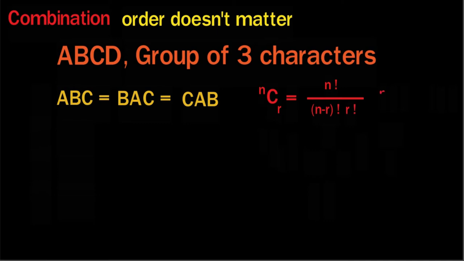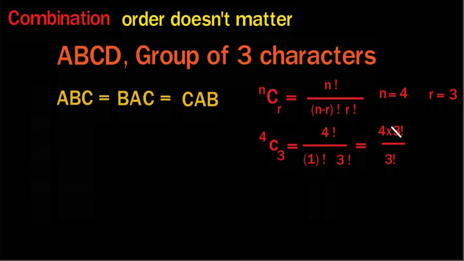In this case, let's say we want to choose 3 characters from the 4 characters. So our n is 4 and our r is 3. So we have 4 factorial over 4 minus 3, which is 1 factorial, which is 1, times r, which is 3 factorial. So the answer is 4 multiplied by 3 factorial over 3 factorial, which is 4. So we only have 4 different combinations from this example.